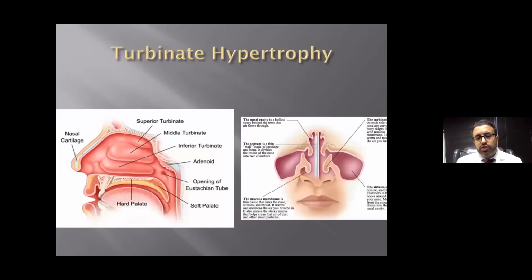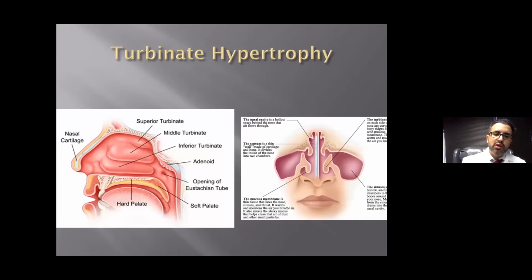So now we're going to shift away from the septum. We'll talk about turbinates. Turbinates are normal structures. We have three of them. And if you look at the image on the left, the bottom turbinate is really the main turbinate that leads to nasal obstruction, because air goes in the nose and basically travels on the base of the nose and goes down to the airway.